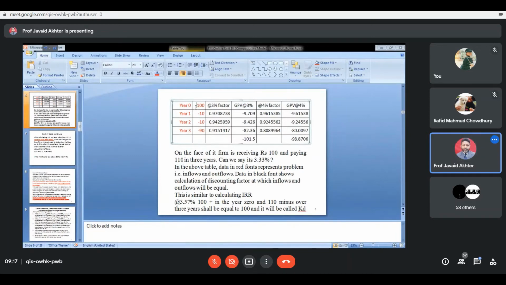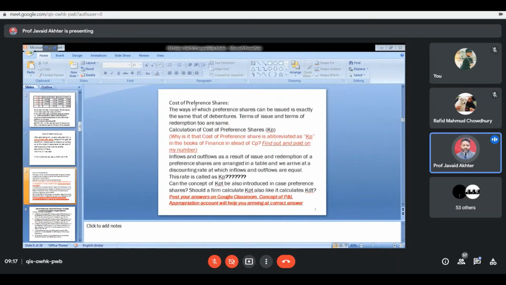So what is happening in case of preference shares? Only the word is changing. Instead of interest, the word we are using is dividend. It certainly has implications other than calculations, which I will discuss with you in detail, but it has no bearing so far as the calculation is concerned.